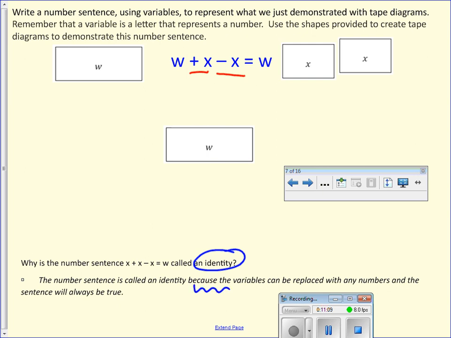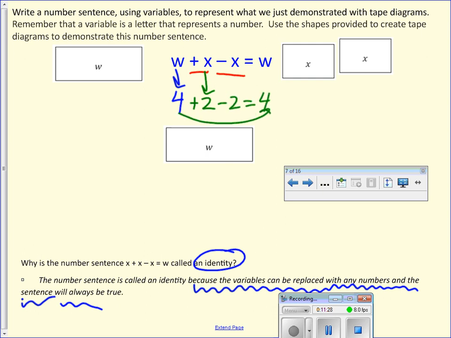Because the variables can be replaced with any numbers, and the sentence will always be true. So if I made W 4 and I made X 2, will I get my 4 back? Yes. So we'll always get the identity no matter what numbers we choose to replace it with. Okay?